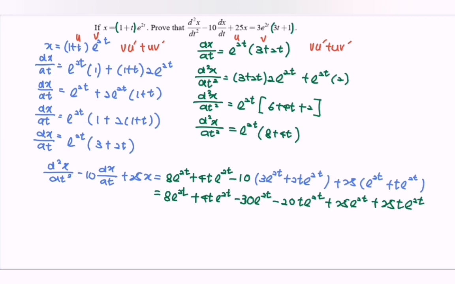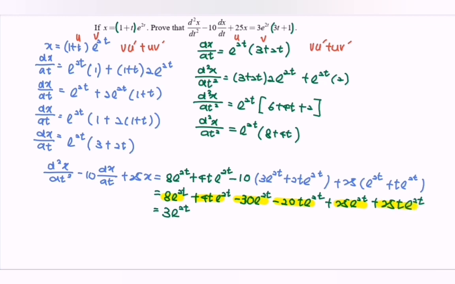So kindly focus on this situation. We have 8 minus 30, so here we have minus 22, plus 25, so we have 3e^(2t). Continue, we have 4t e^(2t) and then minus 20t e^(2t), so we have negative 16t e^(2t).